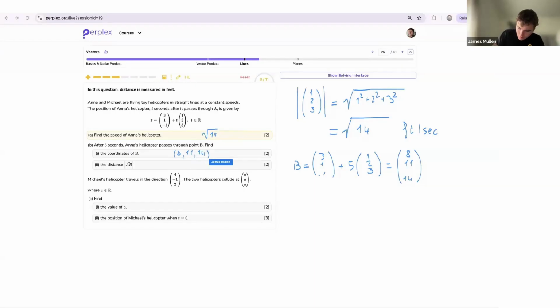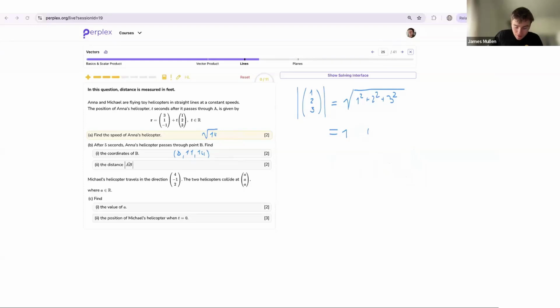All right. Now, next step. We want to find the distance AB. So I know that A is the original point the helicopter started at, because it says that the position is given by the expression where the position is t seconds after it passes through A. So it passes through A when t is equal to 0, and that means that A is just going to be (3, 1, -1).